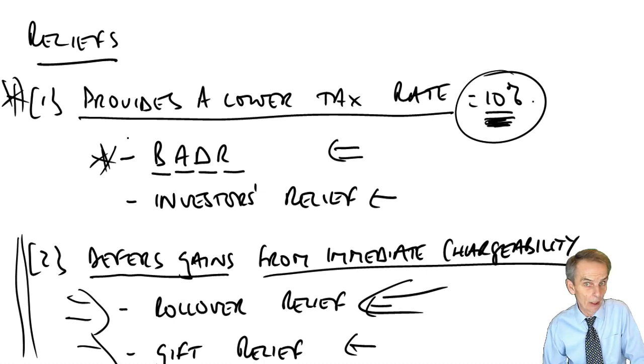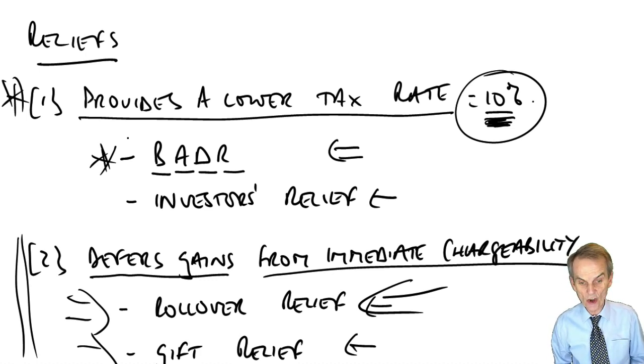But we're going to discover in our studies here that back in 2016, they introduced the ability for someone who invests in, so subscribes for newly issued shares in a company. You're putting new, fresh capital into a company.